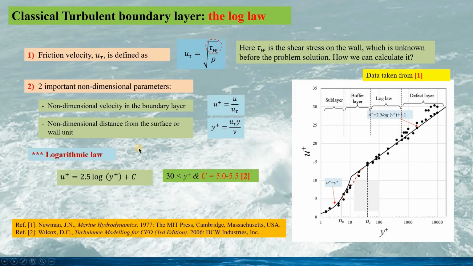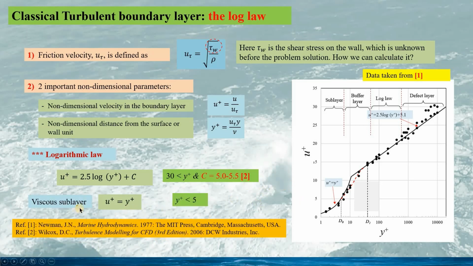And using the similarity method, we can obtain the logarithmic law given by this expression. This expression is generally valid for the wall unit y plus larger than 30, and the constant c is generally taken between 5.0 and 5.5 based on the reference 2.